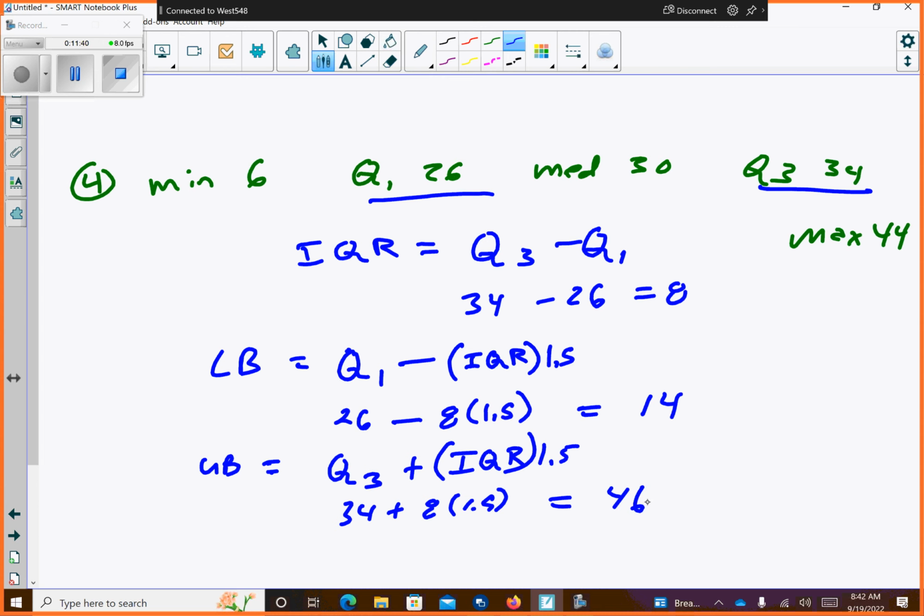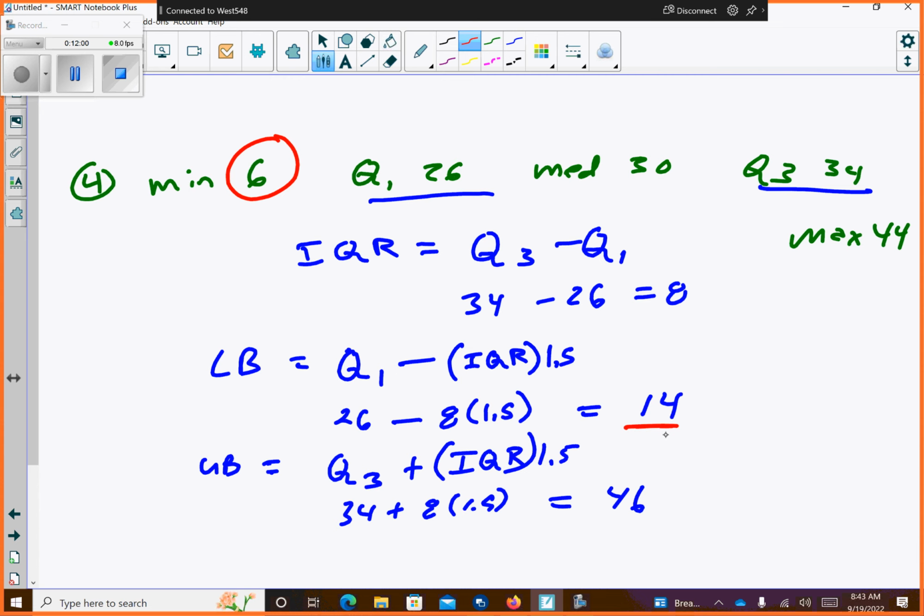Explain why constructing a modified box plot is not possible in this situation. And let's see, hang on, one more thing. Is there any outliers in this data set? If so, identify them. So this would be an outlier to the left because it's less than the 14.